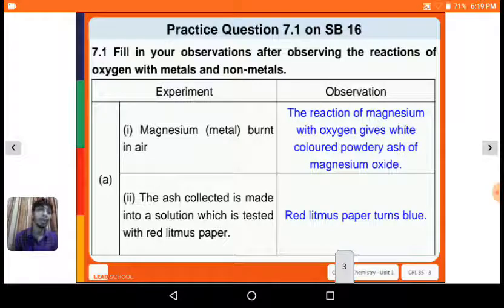So the answer: the reaction of magnesium with oxygen gives a colored powdery ash of magnesium oxide. So मैग्नीशियम को हम ऑक्सीजन के साथ करेंगे तो उसमें से मैग्नीशियम ऑक्साइड बनेगा. And the ash collected is made into a solution which is tested with a red litmus paper. So litmus paper turns blue.